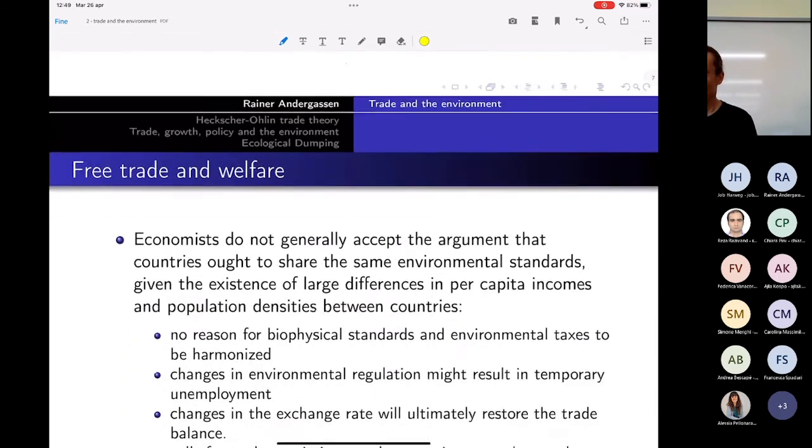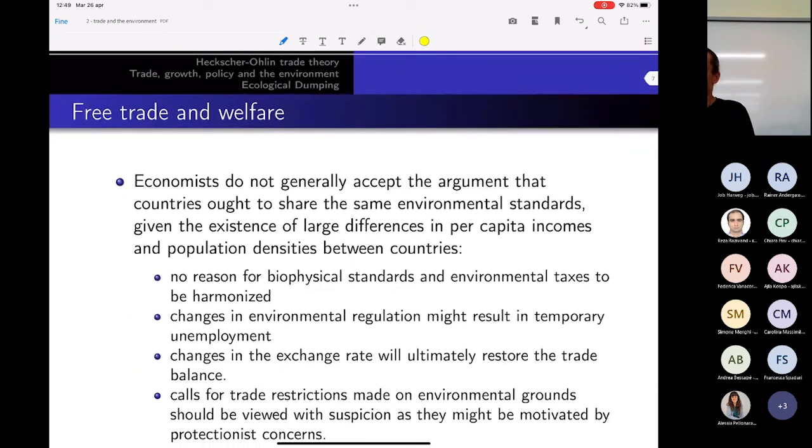That's why, in general, you would not like to have the same environmental standards for all countries, because there are differences in income per capita, and there are also differences in population density.